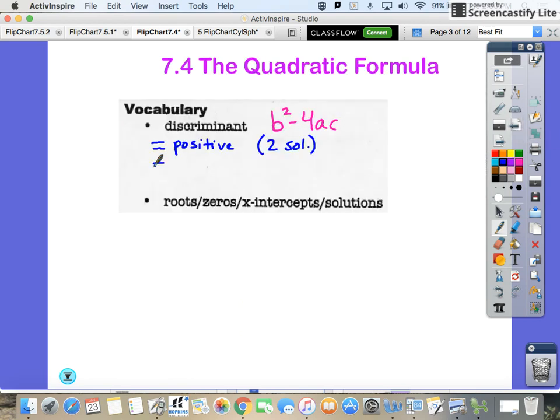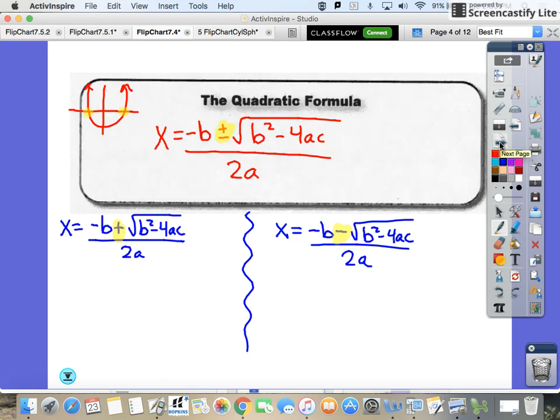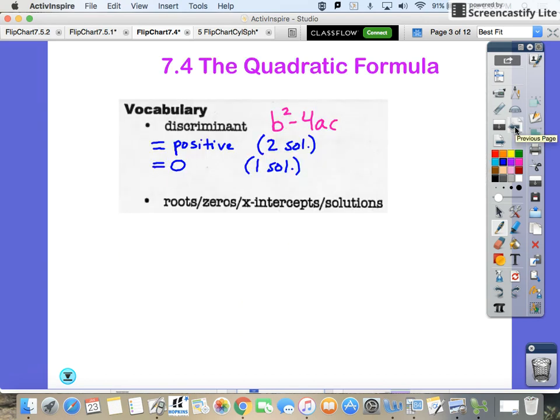The next option is if it equals 0, there is one solution. That's because if we come back here and this piece is 0, it just disappears. So we would end up with negative b over 2a in both instances, the same solution twice. The last possibility is if it equals a negative, and we would have no real solutions.